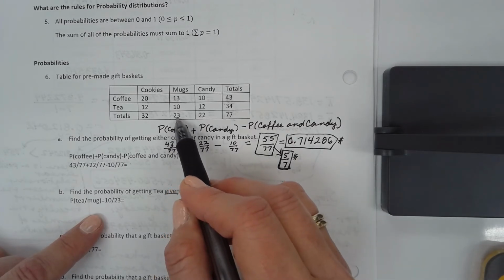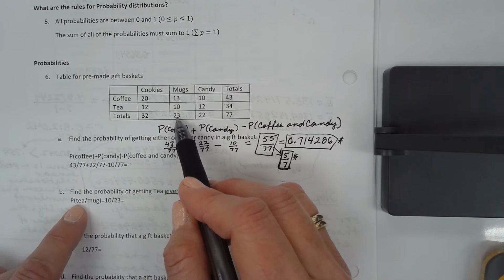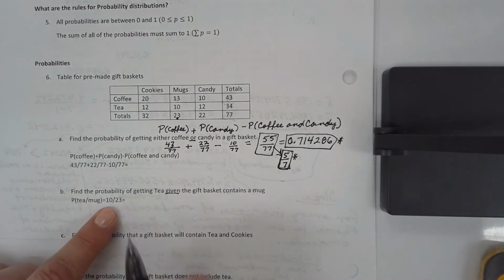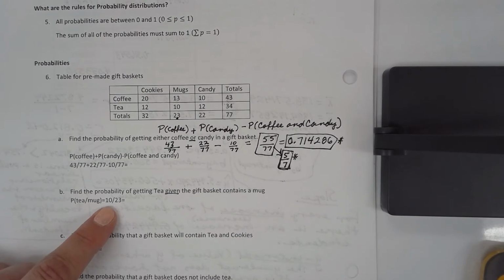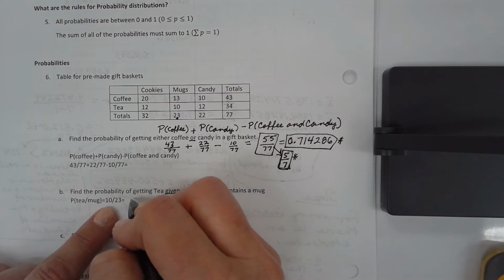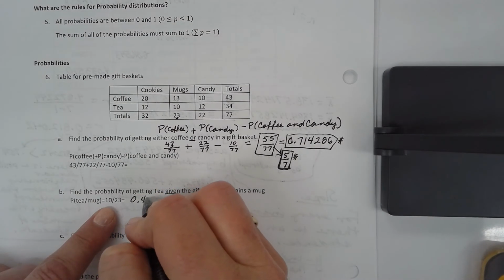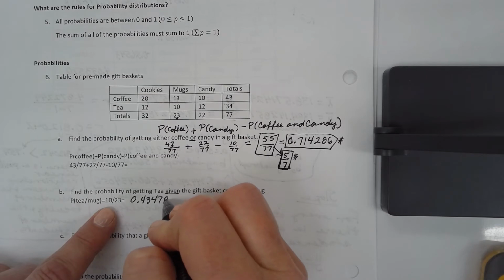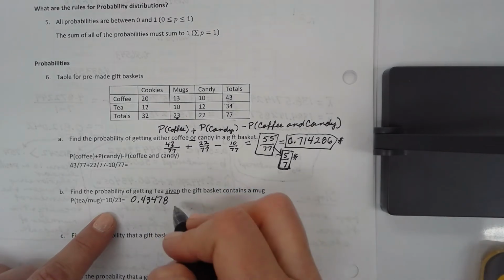Okay? So out of that column, what is the probability of getting T? 10. So that's why it's 10 out of 23. So 0.43478.